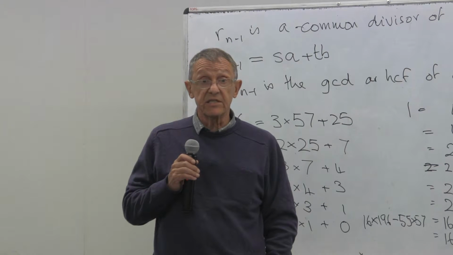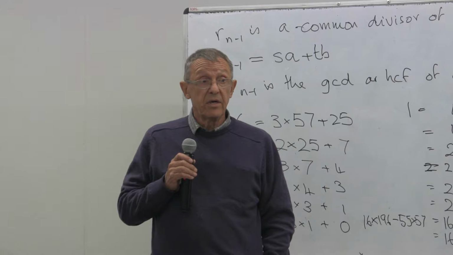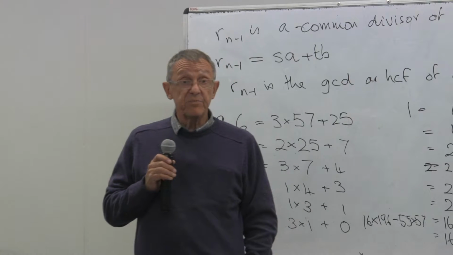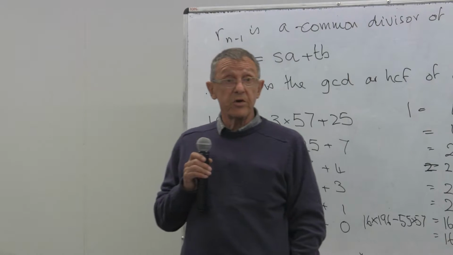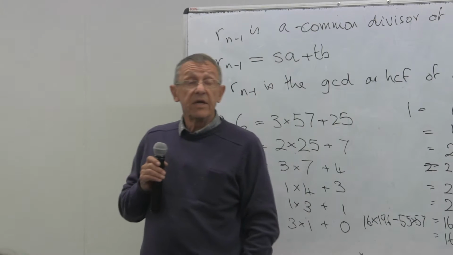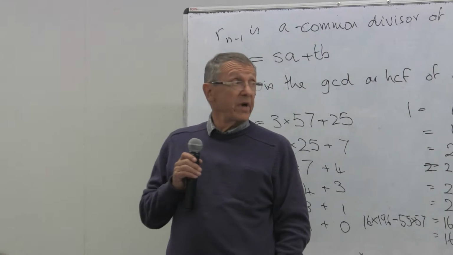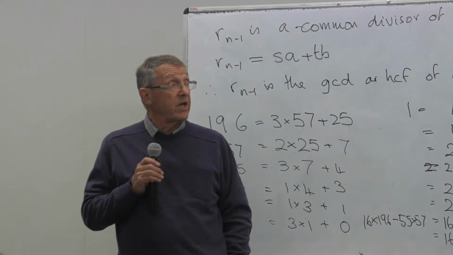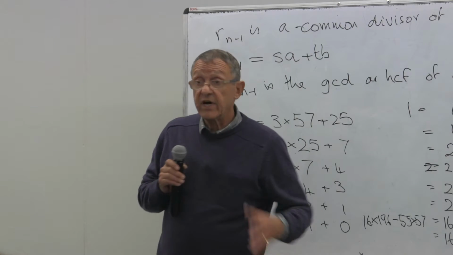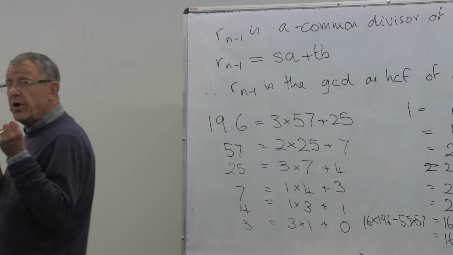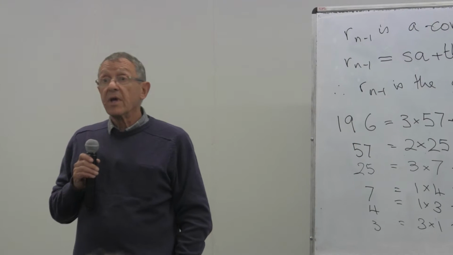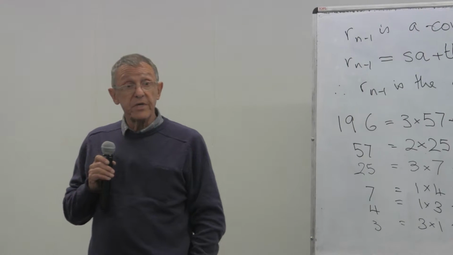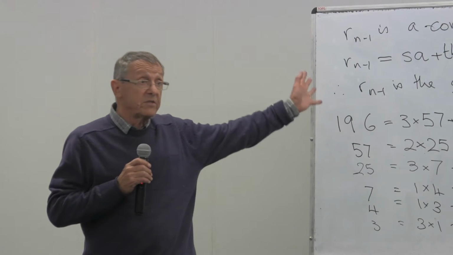In what sense is it smaller? The highest power, which is called the degree of the polynomial. So the degree of the remainder is less than the degree of the divisor. So polynomials can have the Euclidean property, and therefore you can do all of these things.